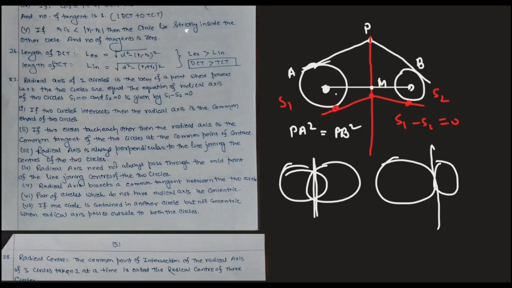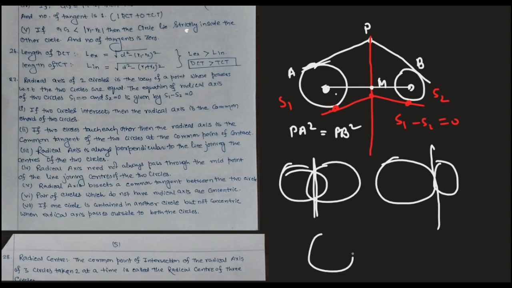Radical axis bisects the common tangents between the two circles.